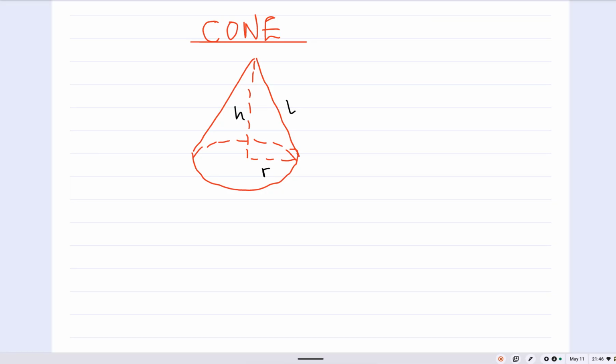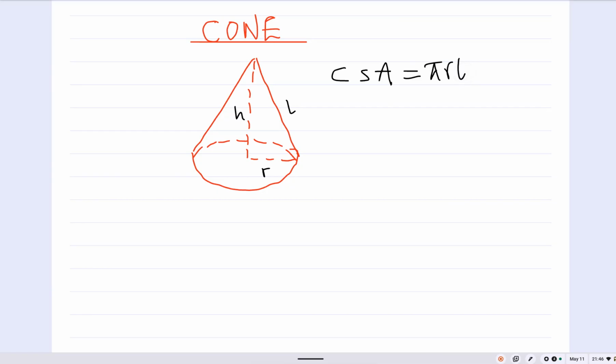What's the first thing we need to know about a cone? The first formula is the curved surface area of a cone. The curved surface area of a cone is given by pi r l.